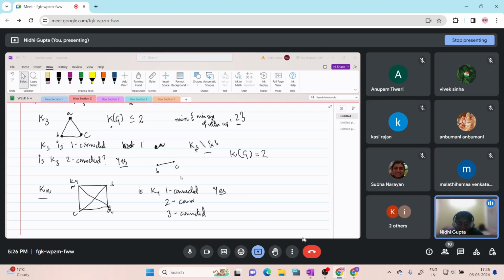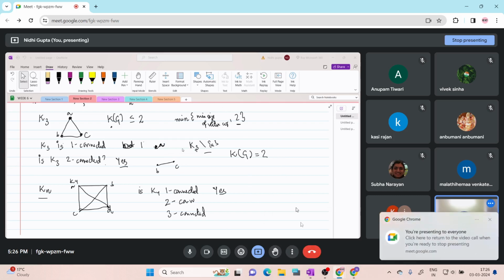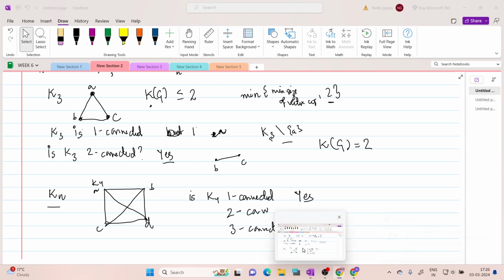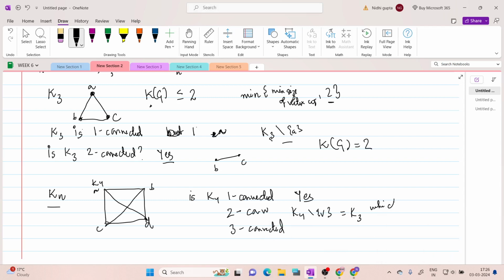So K4 minus V is K3, which is connected. So we see K4 minus any one vertex is K3, which is connected. Therefore, if we remove just one vertex, the graph remains connected. What about 3? Is K4 3 connected?